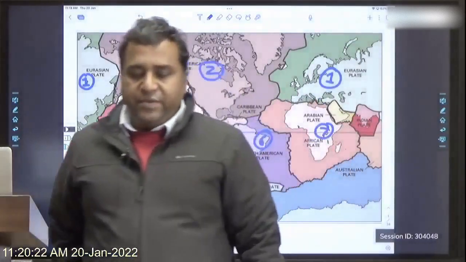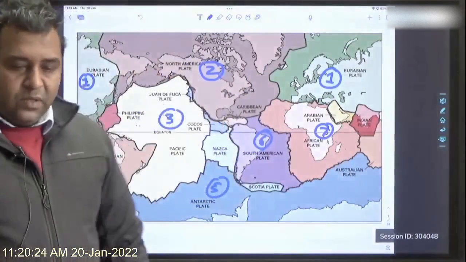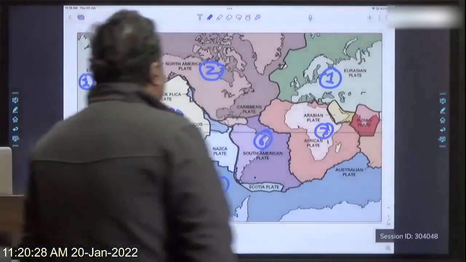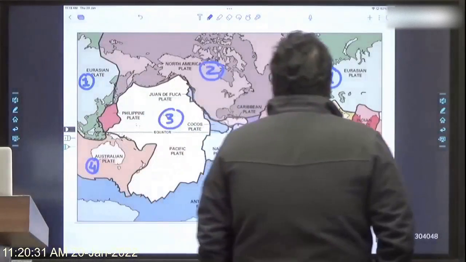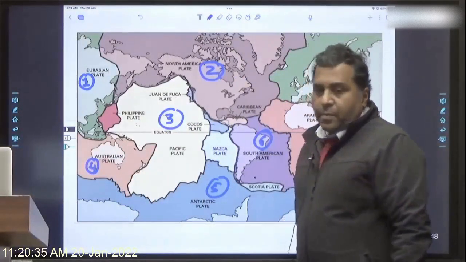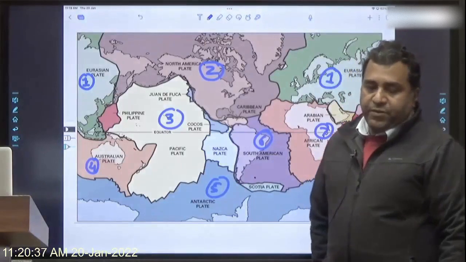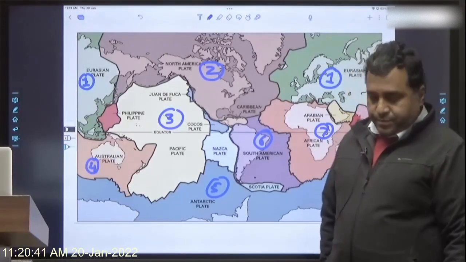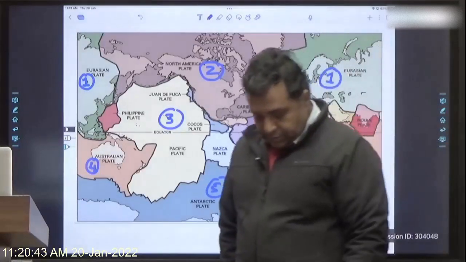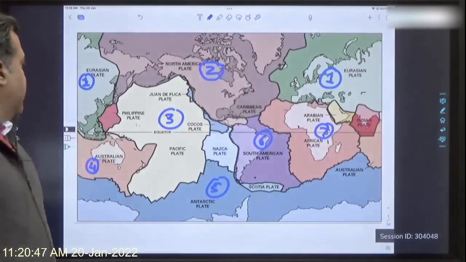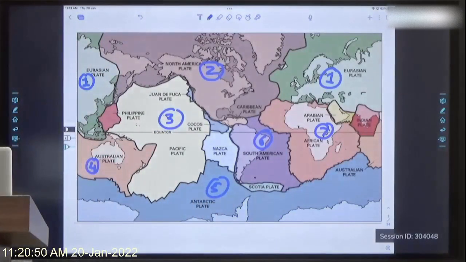So you can write the 7 major plates. First write down the 7 major plates. The ones who have written good enough, the ones who have not written can write. The 7 major plates are as given here: Eurasian plate, North American plate, Pacific plate, Indo-Australian plate.